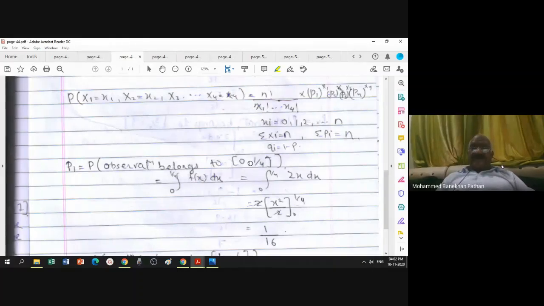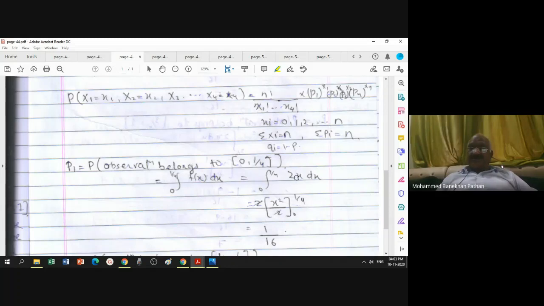As the variable is continuous, you know that probability is calculated by integration. So the range is 0 to 1 by 4, function under study times dx. The function is 2x times dx. The 2 is a constant taken out.